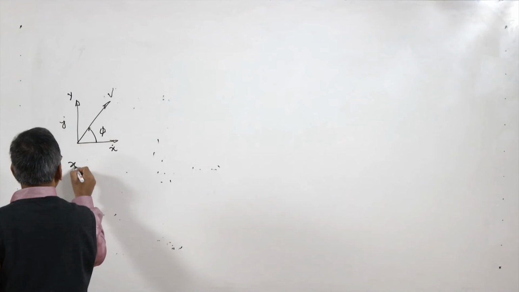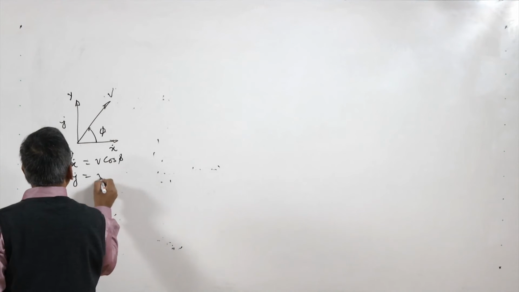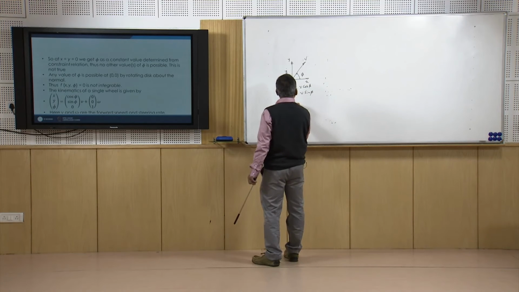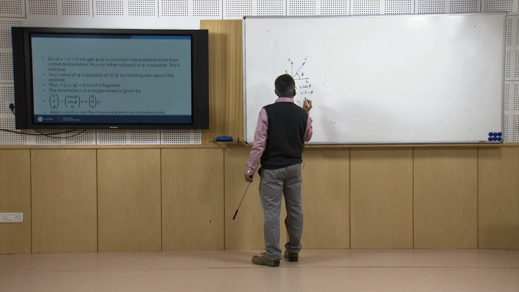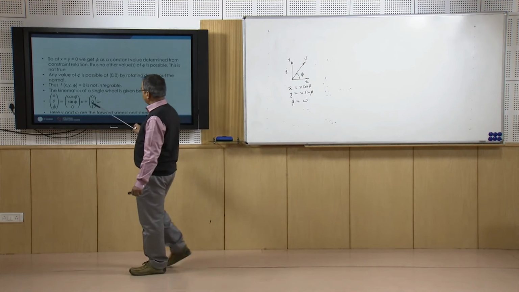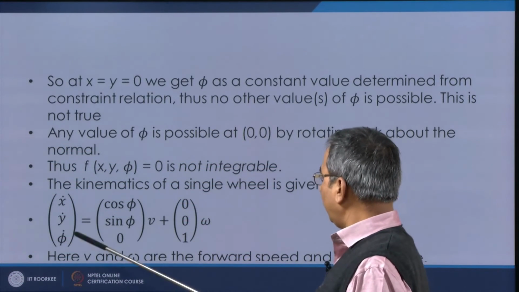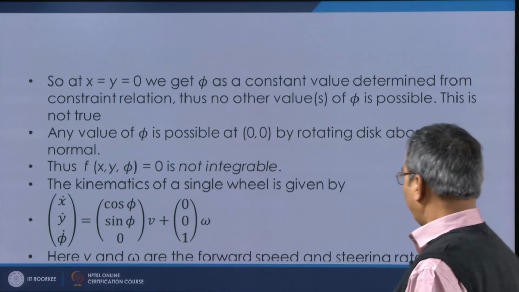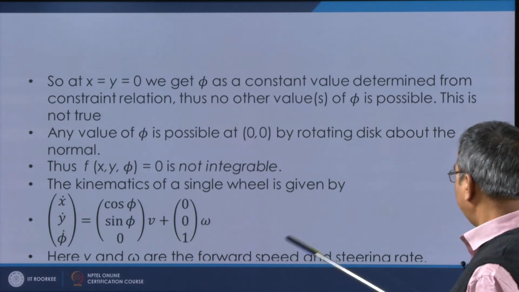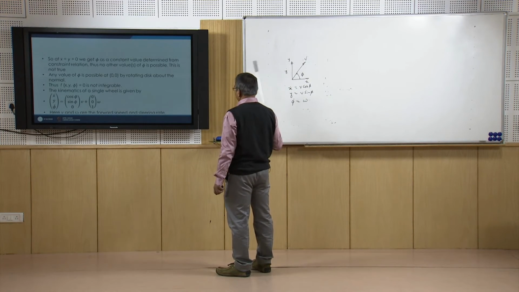So, x dot will be v cos phi and y dot will be v sin phi, okay, and of course phi dot will be omega, and I can write this expression in matrix form like this: x dot is v cos phi, y dot is v sin phi and phi dot is equal to omega. Okay. Here v and omega are the forward speed and the steering rate.